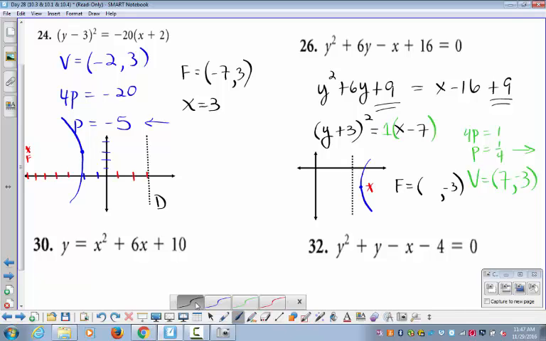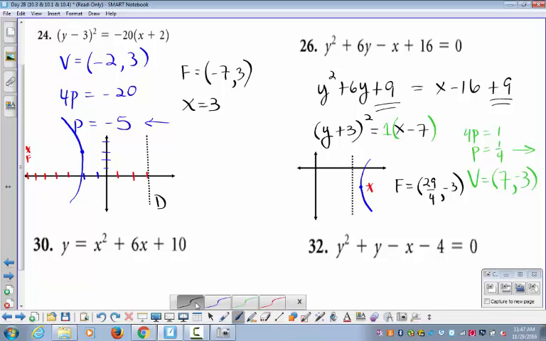And what should the x value of the focus be? Yeah. So the x value for the vertex is 7. The p value is 1/4, so we have to go from 7 over 1/4, so 7 1/4, which they would write as 29/4 usually.